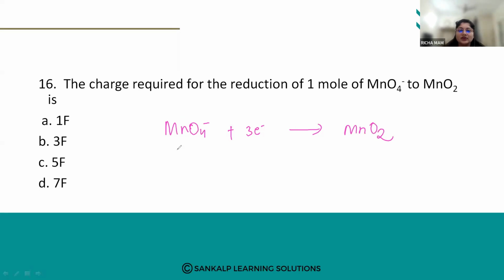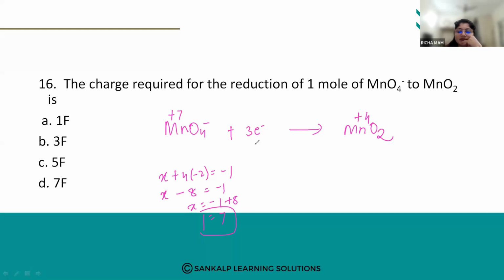Here each oxygen is -2. So 4 into -2 is -8. So if I take x plus 4 into -2 equals to -1, x is +7. So this is +7 and this is +4.